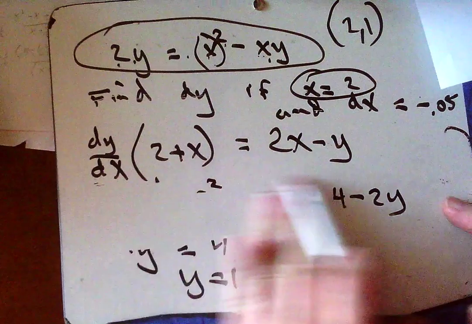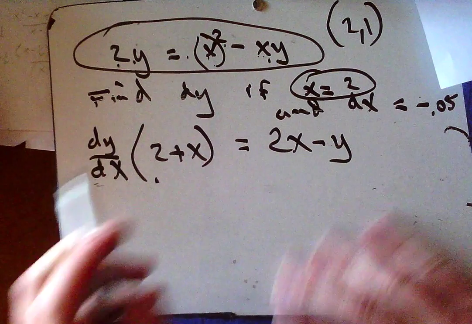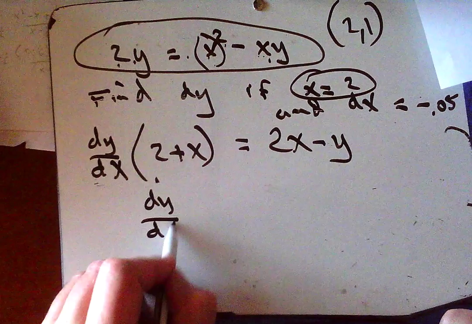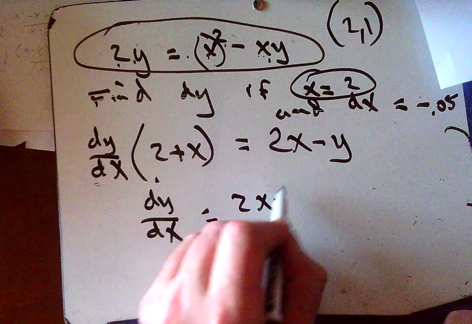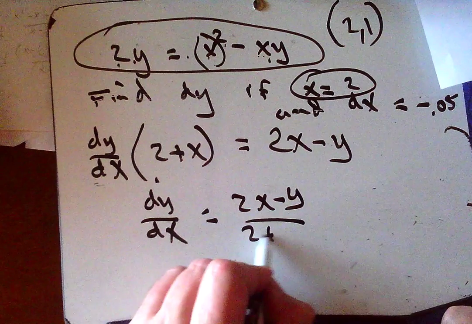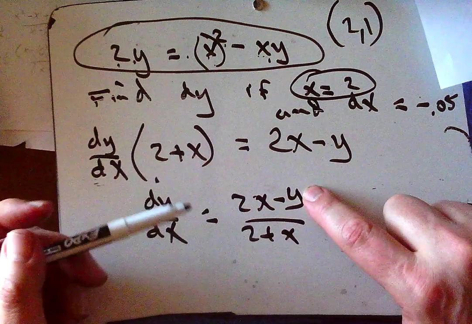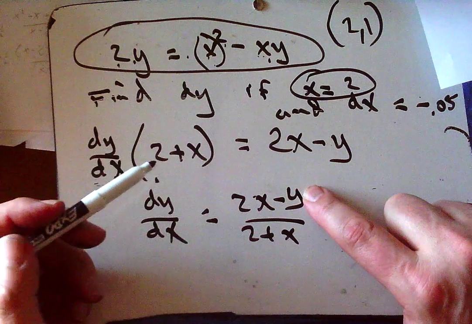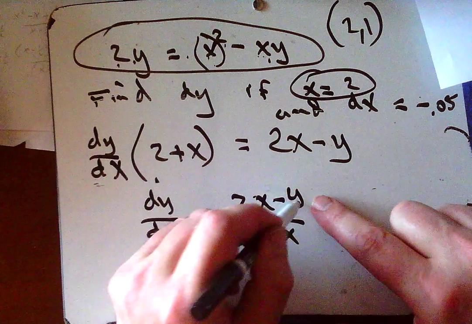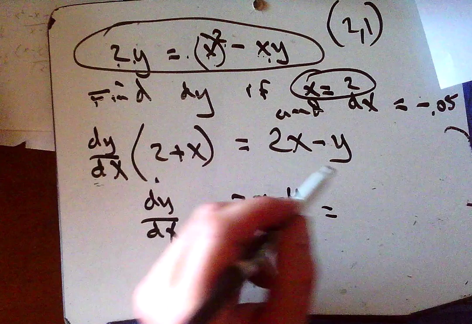And I can plug in to this derivative, dy dx equals 2x minus y over 2 plus x. So I'm plugging in a 2 for the x's, I'm plugging in a 1 for the y. So 4 minus 1 is 3.